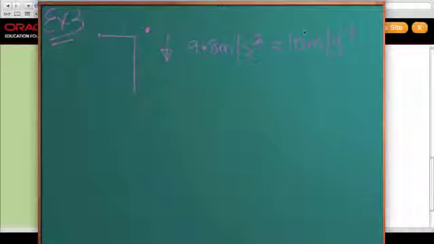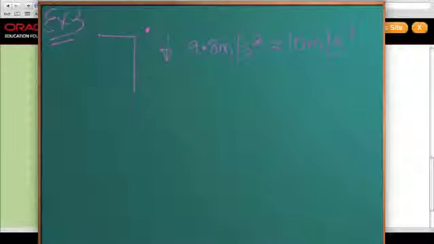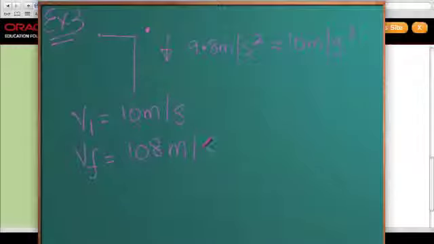It has an acceleration of 10 meters per second square downwards because of the gravity. So its initial speed v1 is given as 10 meters per second, and they are asking how long it will take before the final speed reaches 108 meters per second.